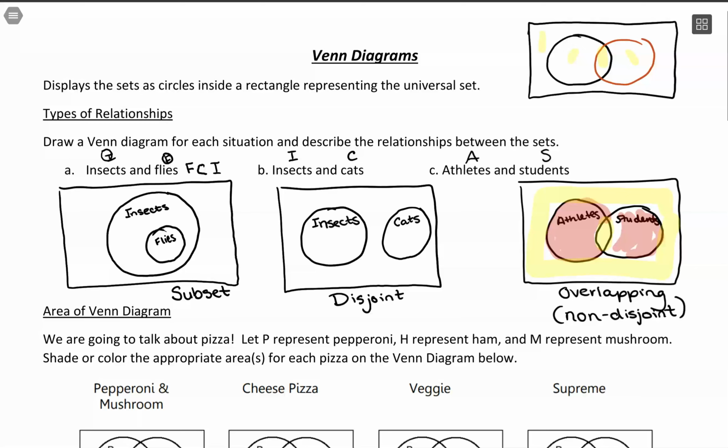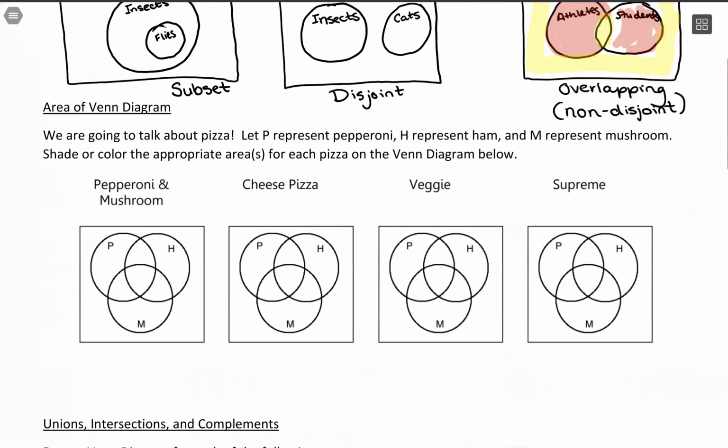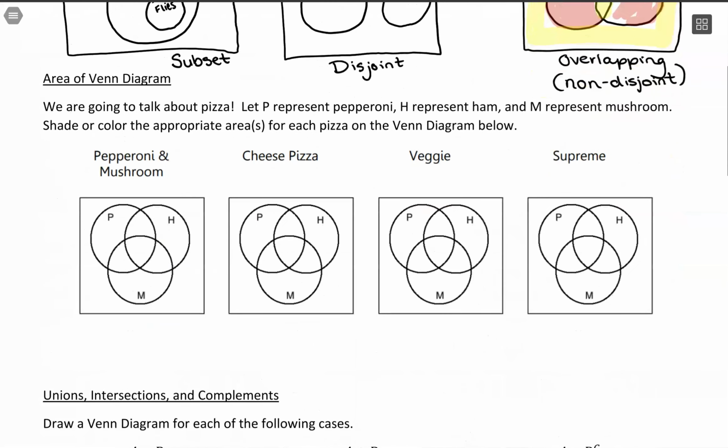Most often we're going to be working with this scenario in C here where there is an overlap of the two. Now this is a case where there are 2 circles, but we could have cases with 3 circles, dealing with 3 sets and seeing how they overlap or don't overlap.